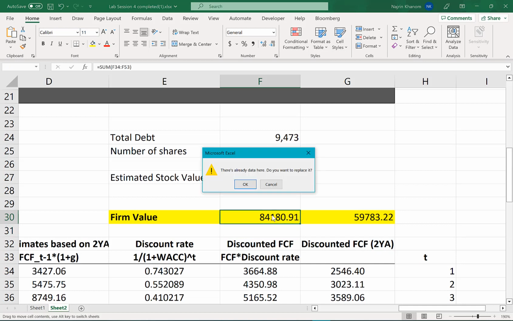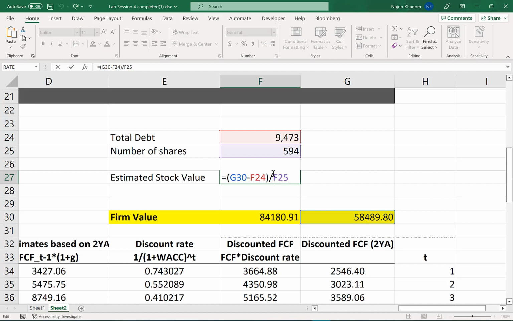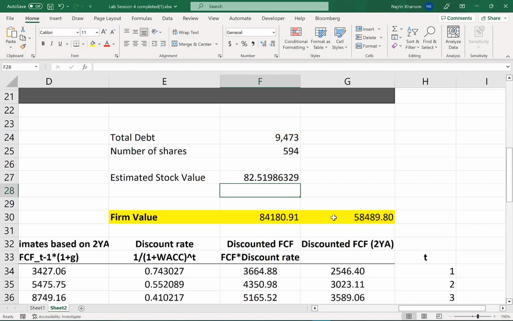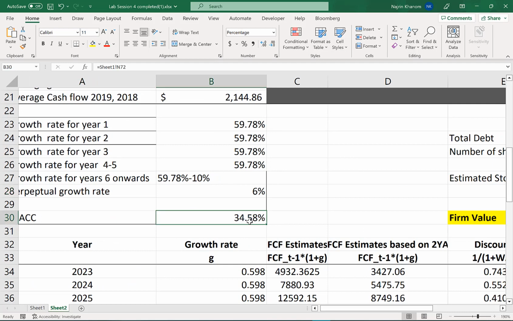The change I made was for the discounted cash flow using 2022 as the base year, and this is for the discounted cash flow using 2019 and 2018 as the base year. So you can see the valuation changed again a little bit, by 82.5. Right, so now we're using 20 years of data. We have discounted quite heavily too.